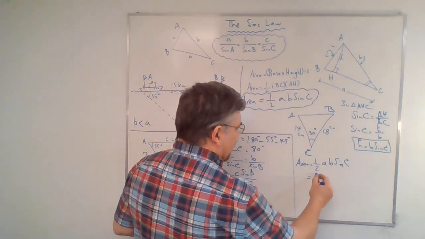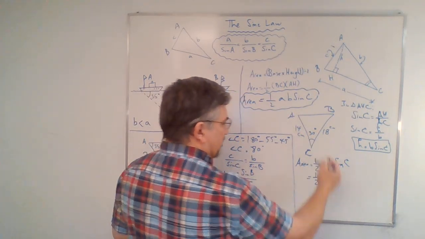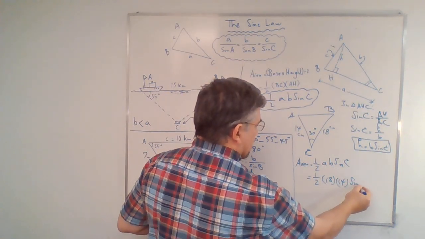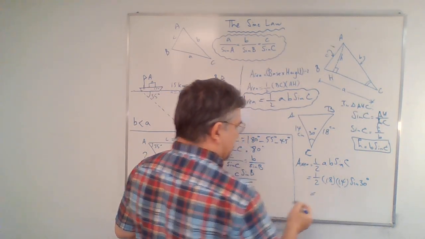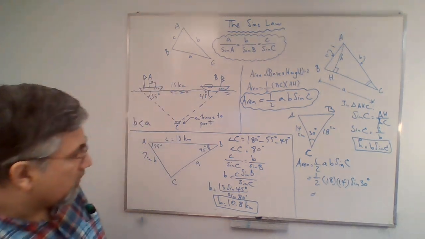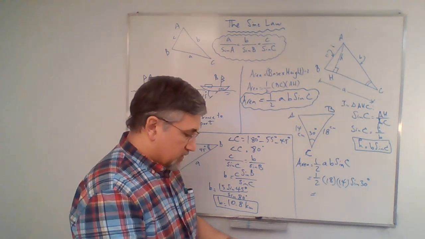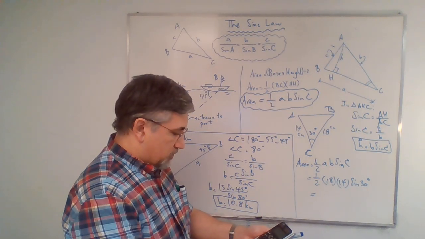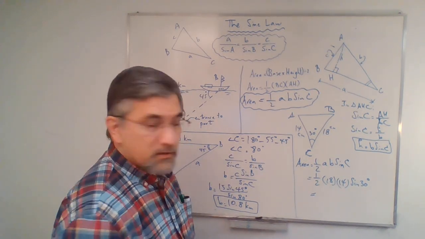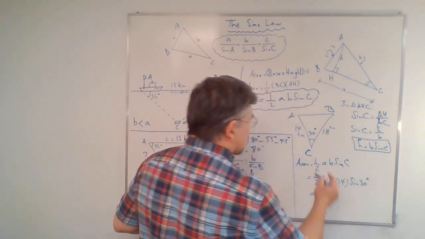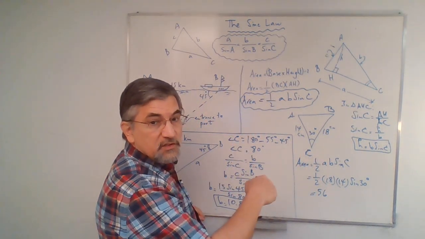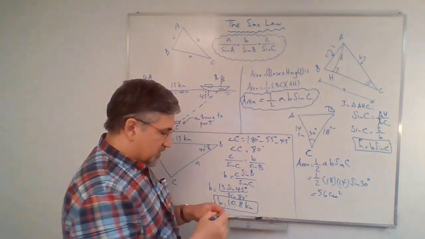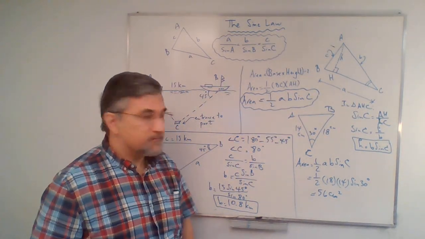So it becomes 1/2 times A, which is 18, times B, which is 14, times sine of 30 degrees. Now all we need is a calculator. This is going to be 56. Because these are given in centimeters, the area is measured in square centimeters. So square centimeters, that's the area of this triangle.